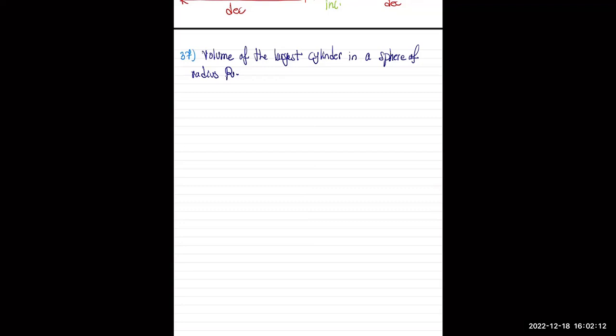Here R is a constant. For example, R could be 10. Find the volume of the biggest cylinder in a sphere of radius, let's say 10. In this case, they want the radius to be left as R.